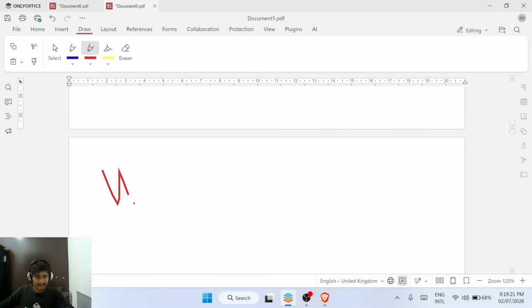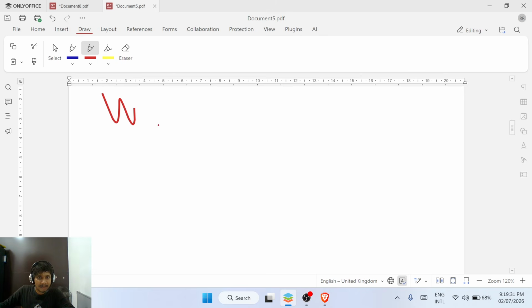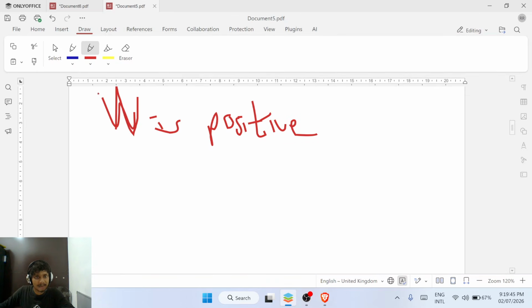Now we have found the W. W is 550.69 kilojoule per kilogram. W is positive, so there is a power output from the system. Work is done. W is positive.